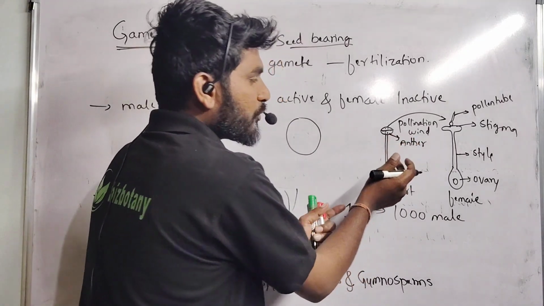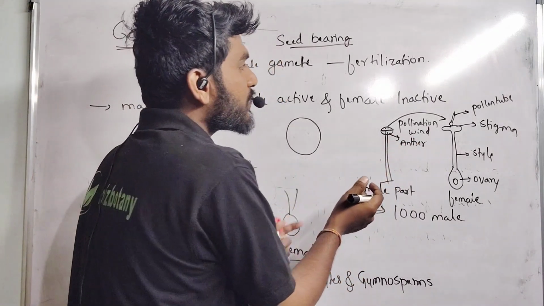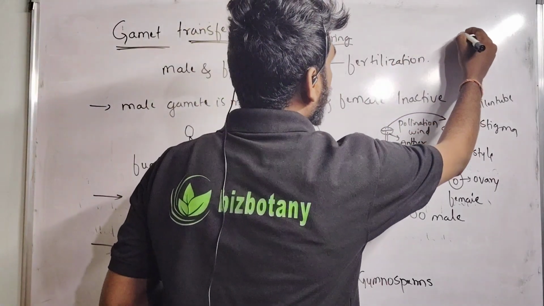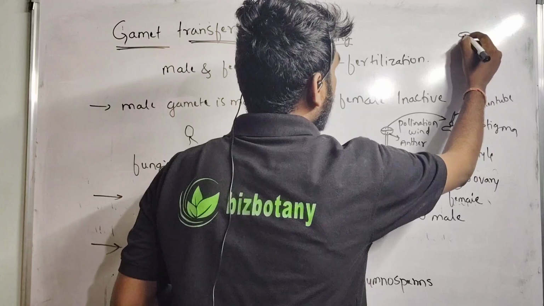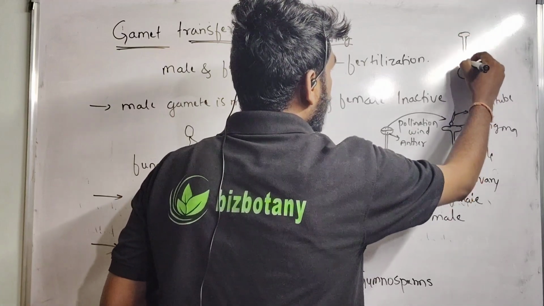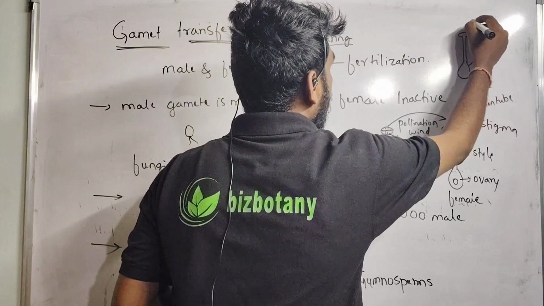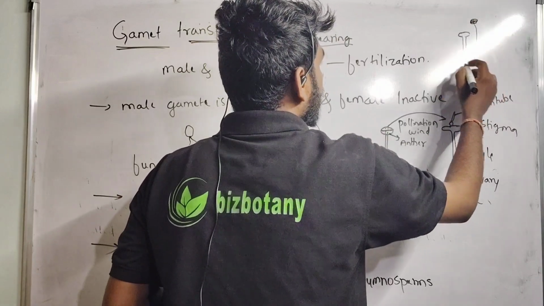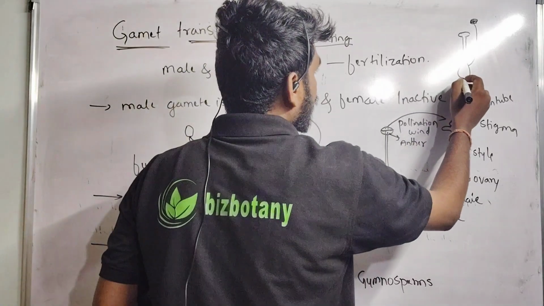The pollination process is quite easy in self-pollinated plants. Like in peas, both male and female reproductive structures are present on the same flower.